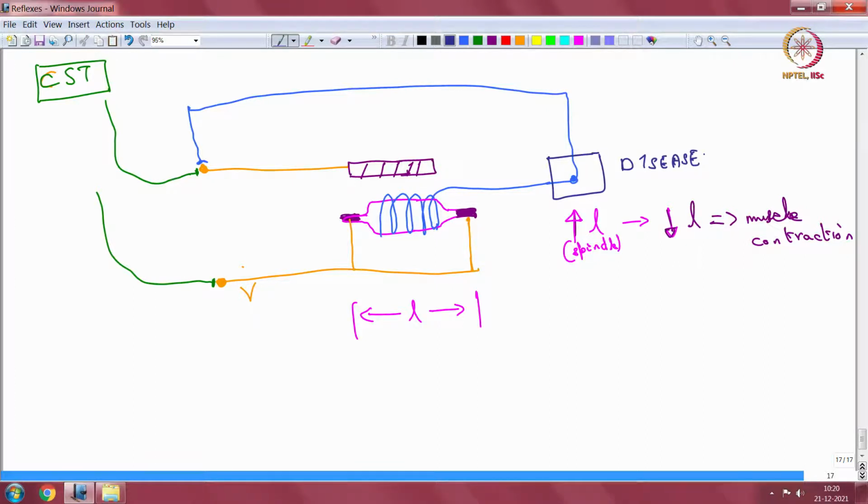So, when there is a disease over there, what happens? So, we do the same increase in length for the spindle, case 1. Okay. So, what happens with the disease?